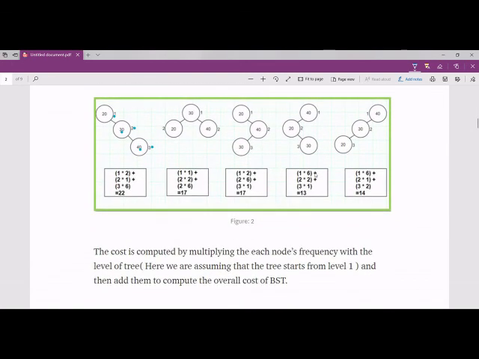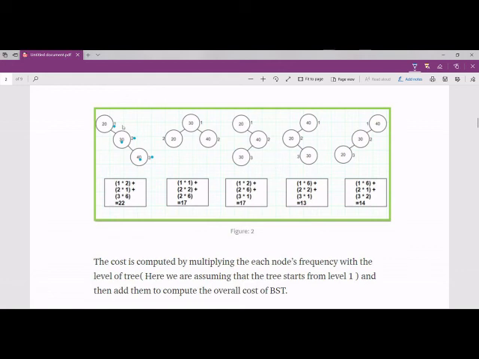So how can we find the overall searching cost? We have to multiply the node's level, at which level the node appears, with the frequency of that particular node.